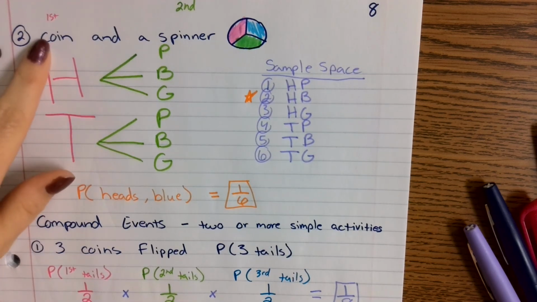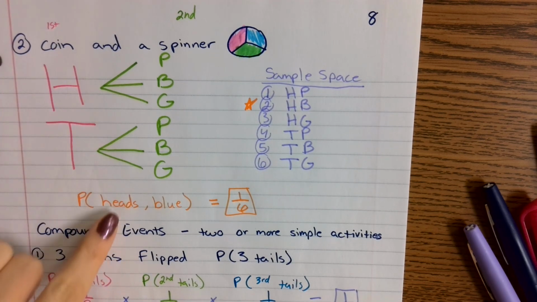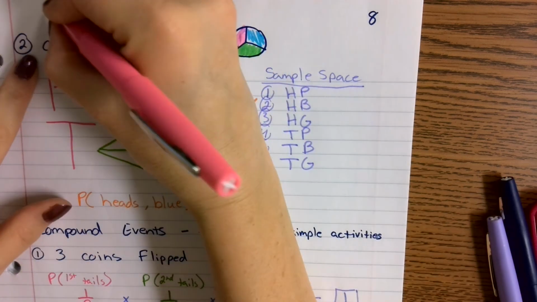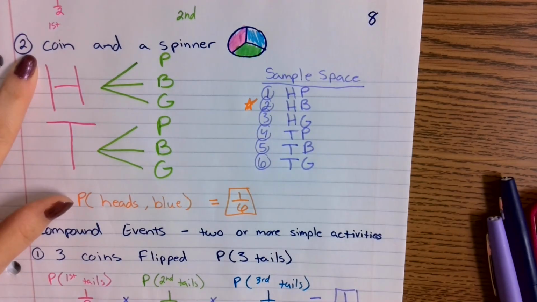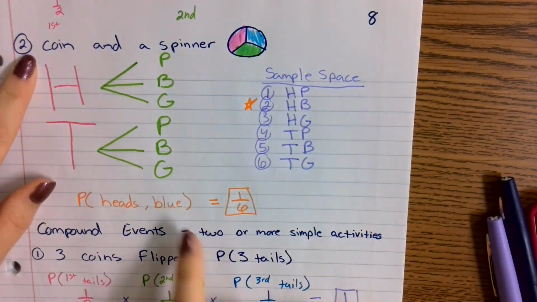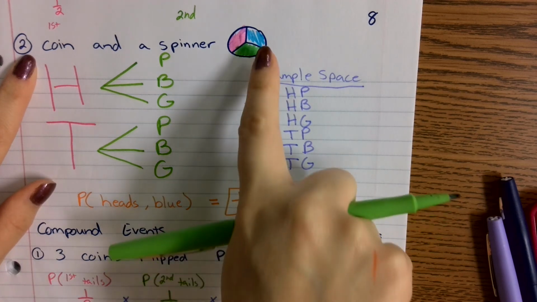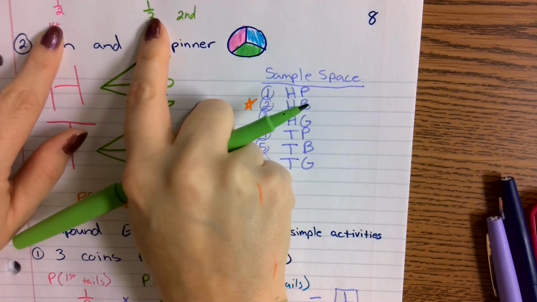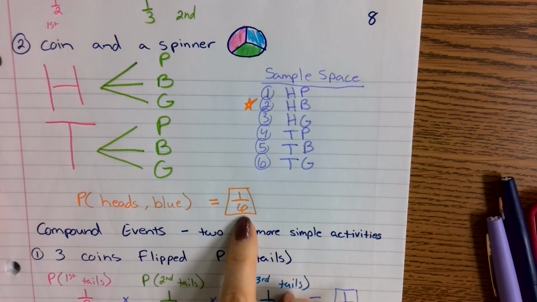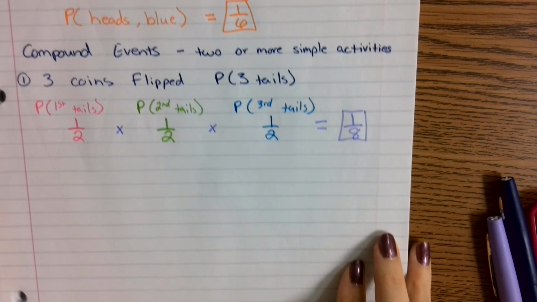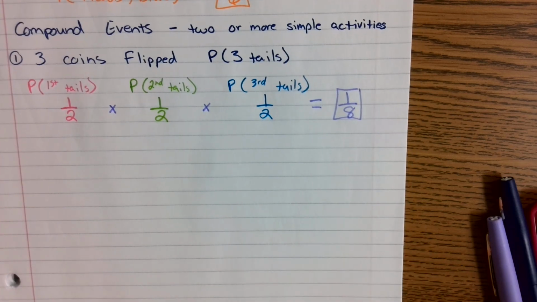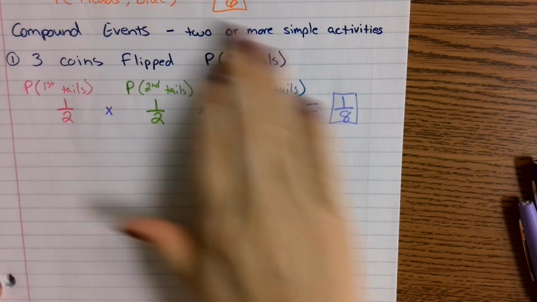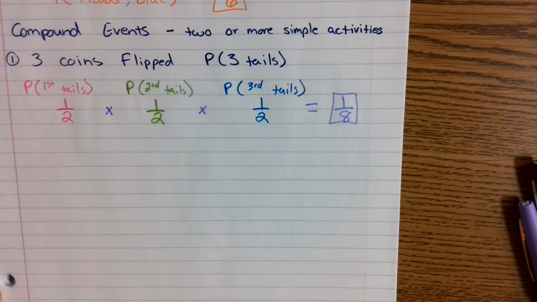The probability that the coin is going to land on heads is 1/2, and the probability that the spinner is going to land on blue is 1/3. And 1/2 times 1/3 is 1/6. So if you multiply your probabilities, you will find the probability of the total events combined.